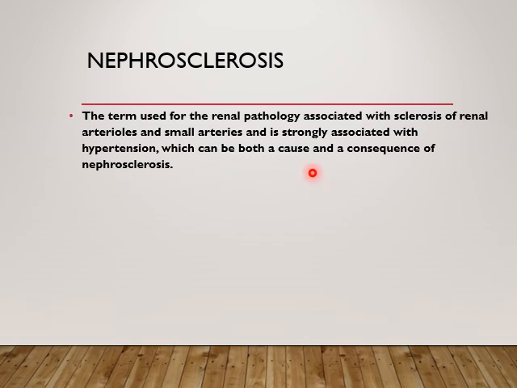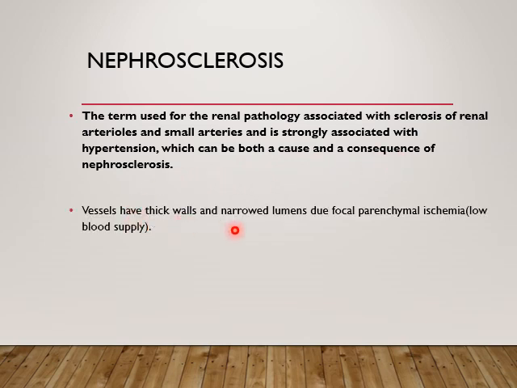The necrotic debris and inflammatory exudates are then replaced by collagen or basement membrane matrix deposition, which is called sclerosis. That is how the morphology is defined in terms of nephrosclerosis as a result of benign or malignant hypertension.